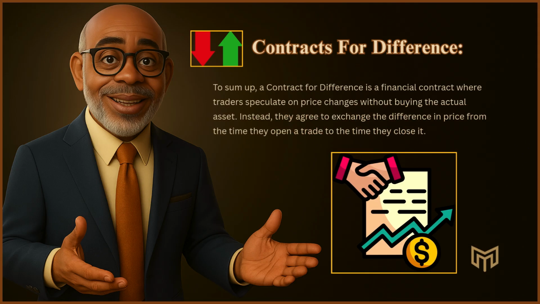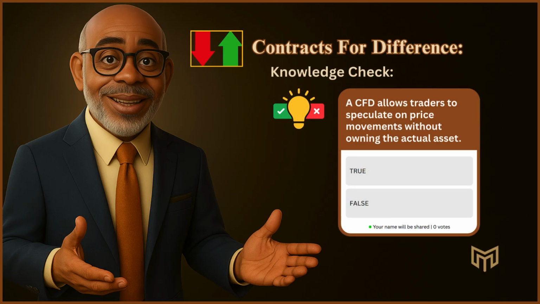To sum up, a contract for difference is a financial contract where traders speculate on price changes without buying the actual asset. Instead, they agree to exchange the difference in price from the time they open a trade to the time they close it. Question: true or false? A contract for difference allows traders to speculate on price movements without owning the actual asset.